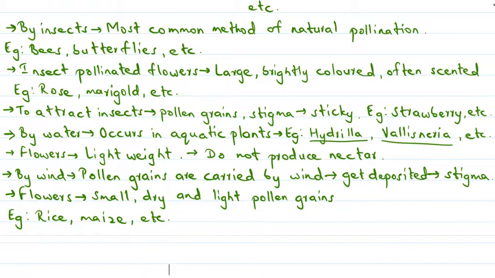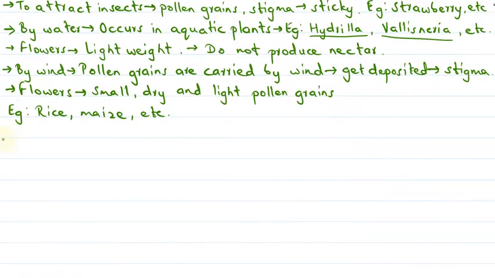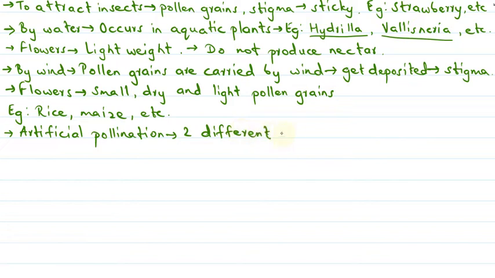Now let's talk about artificial pollination. Okay, so what is artificial pollination? So here what happens is, in this process two different varieties of plants are selected.